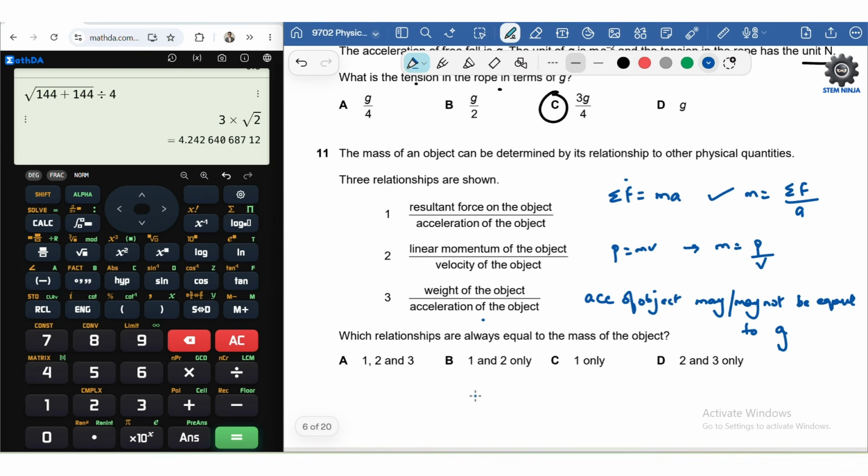So basically what we are doing over here, your weight is mg, divided by a. So if your a is equal to g, then you will get mass from this relationship. If acceleration is not equal to g, then you will not get mass. So 1 and 2 are the only ones guaranteed to give us mass. The third one is not.